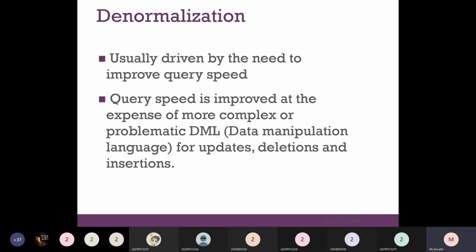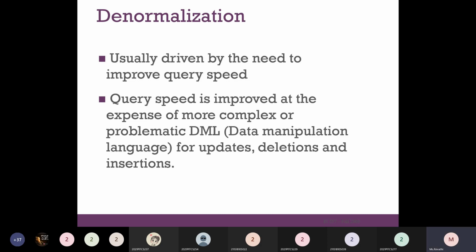So we are applying denormalization in general to improve the query speed. The query speed is improved at the expense of more complex or problematic DML, that is data manipulation language. So you can improve the query speed by using simple DMLs instead of applying more complicated or problematic DML.